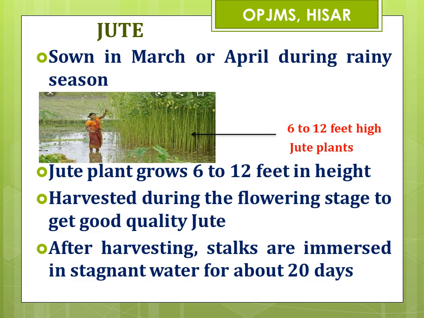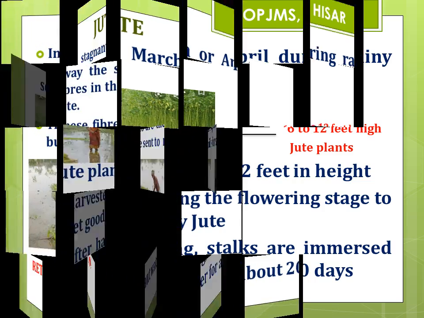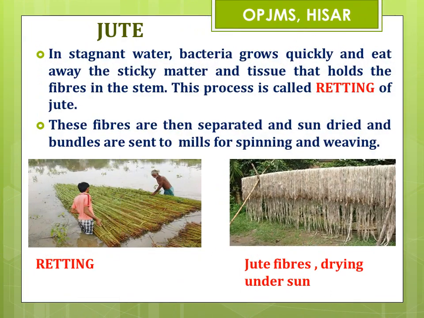After harvesting, the stalks of the plants are tied into bundles and left in stagnant water to rot for about 20 days. This rotting in stagnant water is very essential because in stagnant water bacteria grow easily. They eat up the sticky matter that holds the fibers to the inner part of the stem.